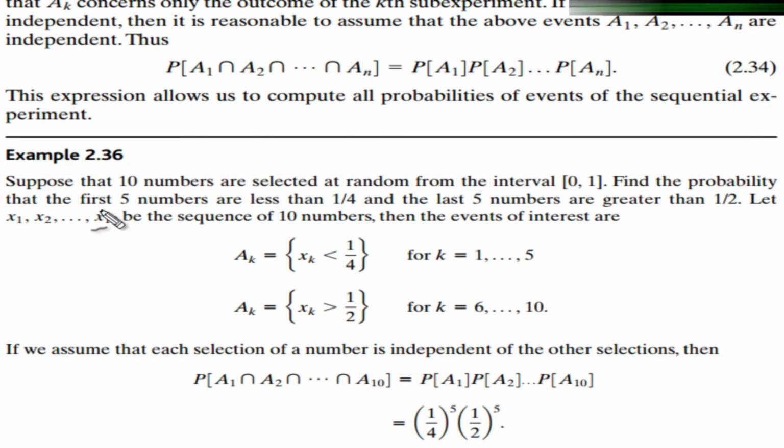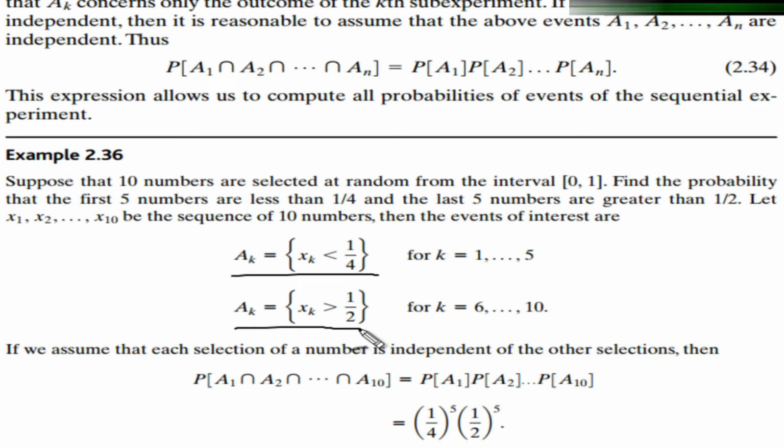Find the probability that the first 5 numbers are less than 1 by 4, and the last 5 numbers are greater than 1 by 2. Let x1, x2 up to x10 be the sequence of 10 numbers, then the events of interest are these. This is the first condition.